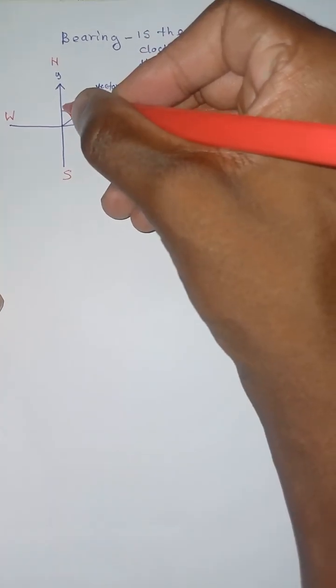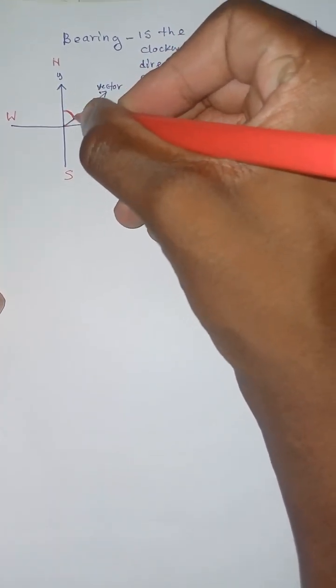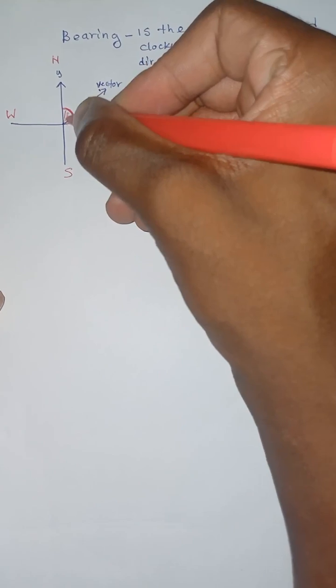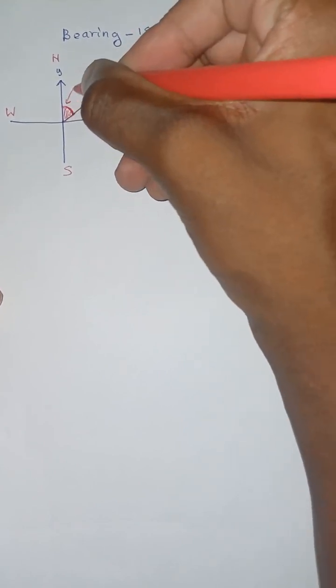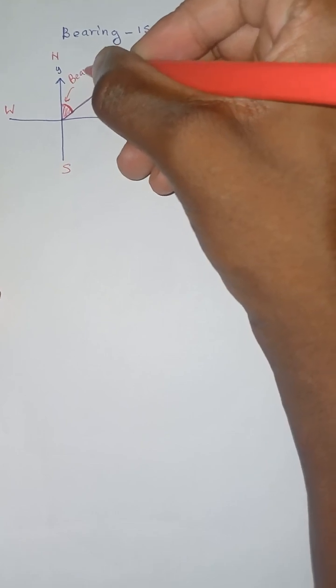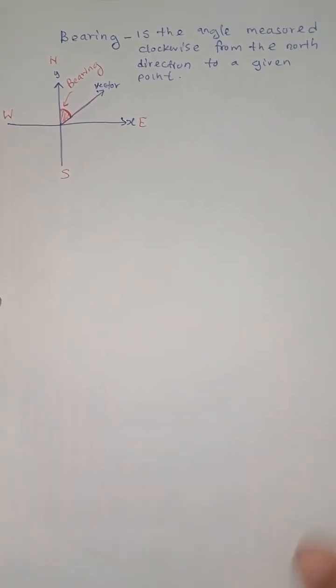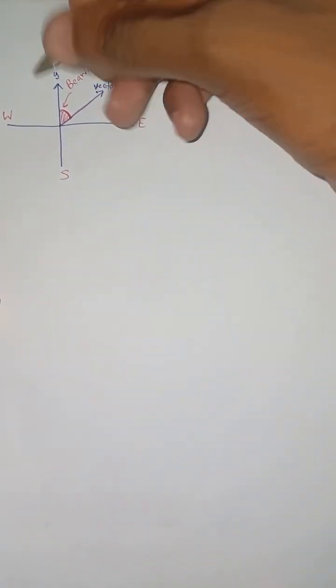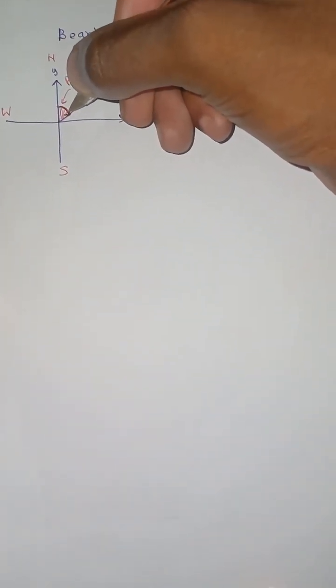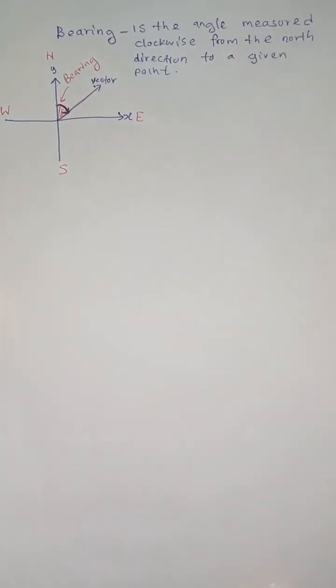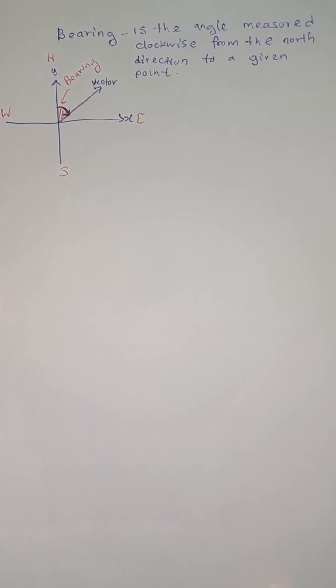So this angle from the north to this vector, we call this angle the bearing. That's what we call bearing. So it's the angle measured in the clockwise direction from the north direction to a given point.